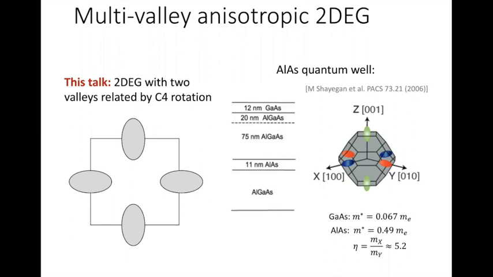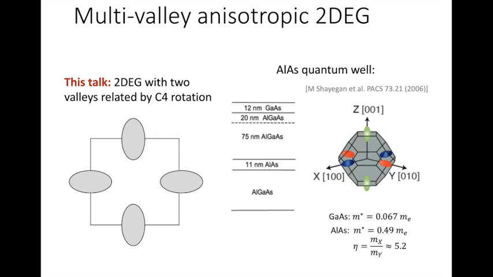And moreover, compared to gallium arsenide, the effective mass is maybe an order of magnitude bigger, which means that we can access the strongly correlated regime at higher densities. So we can reach the same values of rs at higher densities when the impurities are still quite well screened.